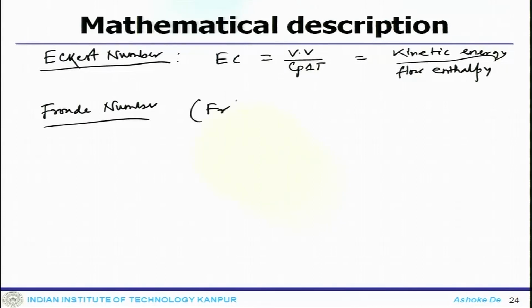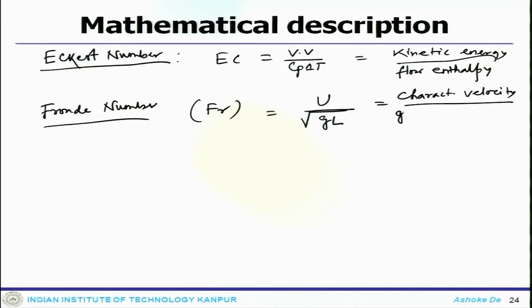When you talk about hydrodynamics, then you get the Froude number, typically represented as Fr, which is the ratio U by root GL. So, it is a ratio between the characteristic velocity scale and the gravitational wave velocity.